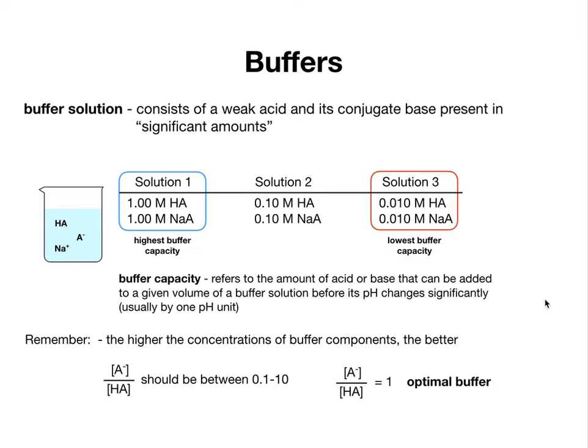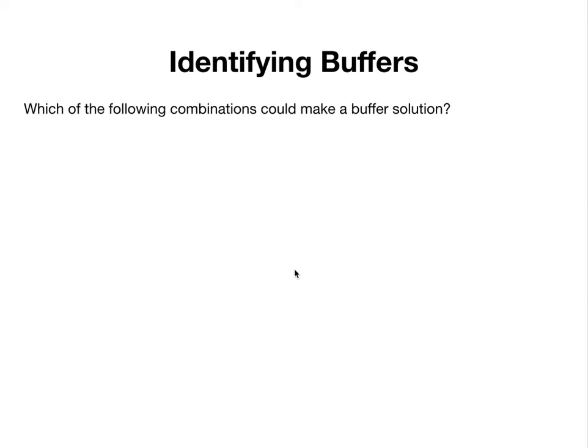Okay, so some important points to remember about buffers. Okay, let's look at identifying buffers. Let's look at some example problems here and let's see if we can identify some buffers. Which of the following combinations could make a buffer solution? Okay, so we're going to look at some different scenarios here.